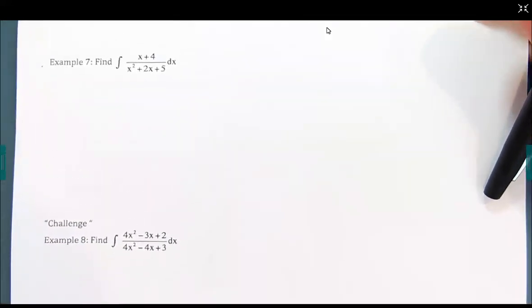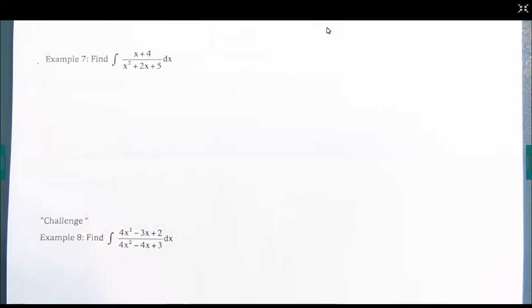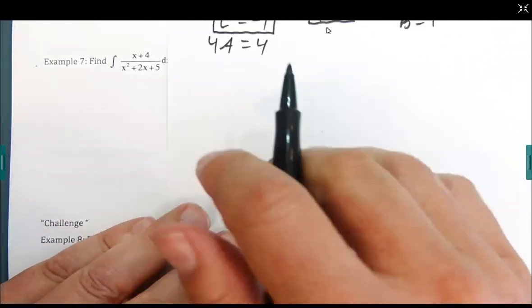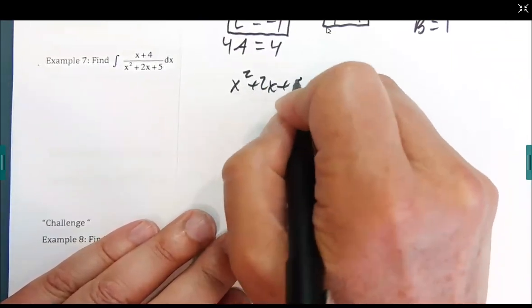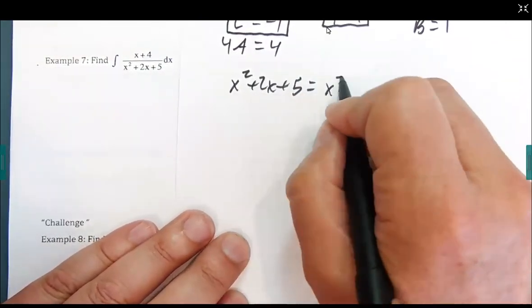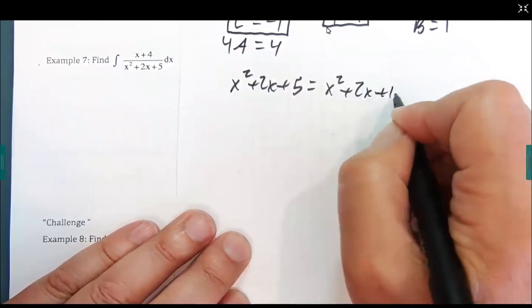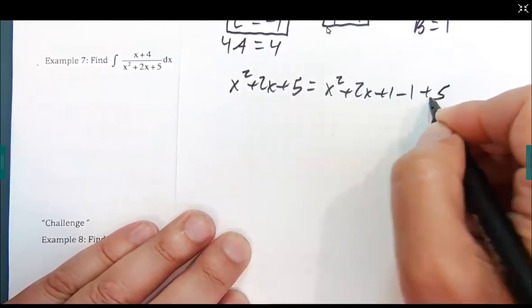All right. For this one, what we're going to do is we are going to complete the square. So I'm going to grab my scratch paper. X squared plus 2x plus 5. X squared plus 2x plus 1 minus 1 plus 5.